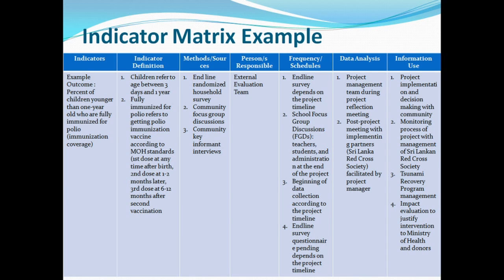For example, you can add separate columns to identify data sources, collection data and tools, information use and audience, or person responsible for data collection and analysis. It may also be preferable to use separate matrices for monitoring and evaluation.